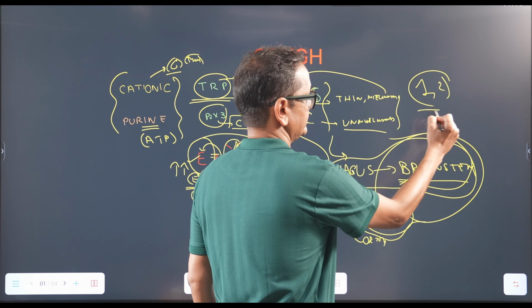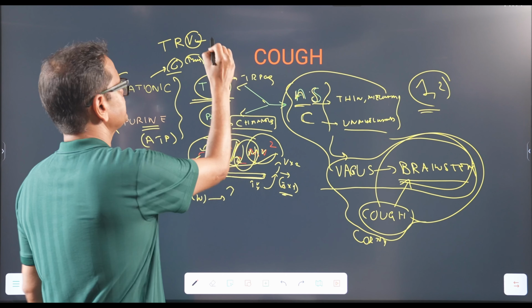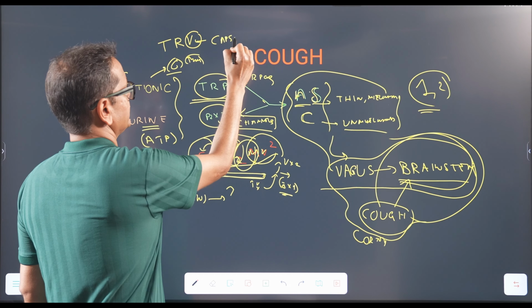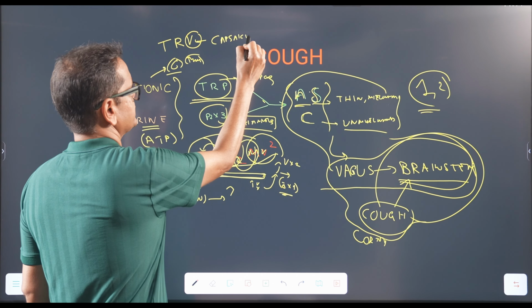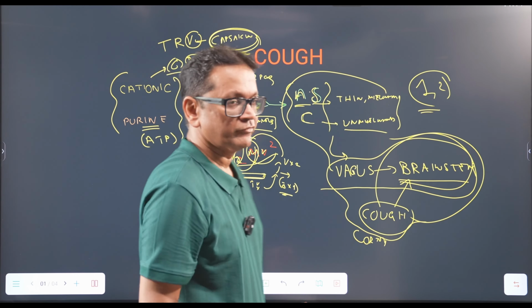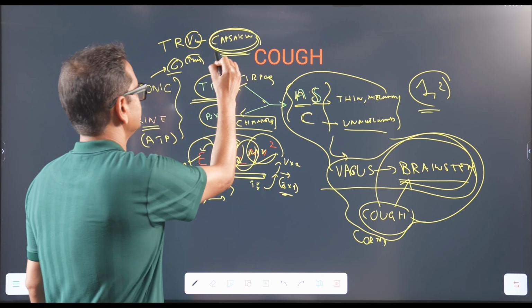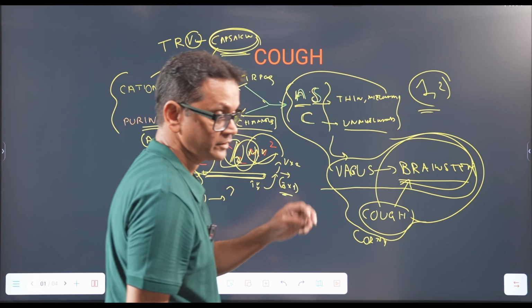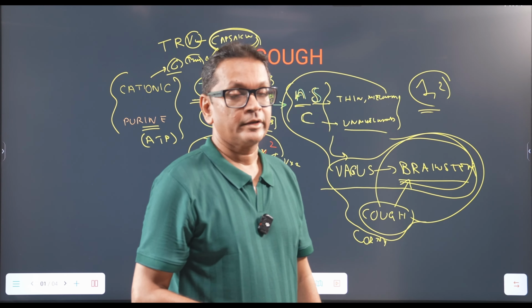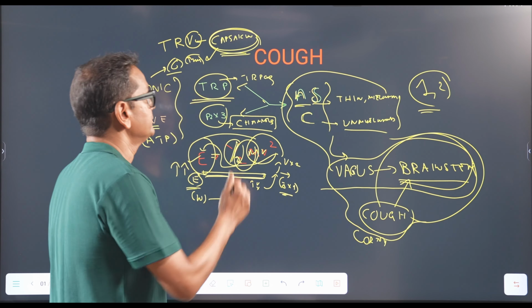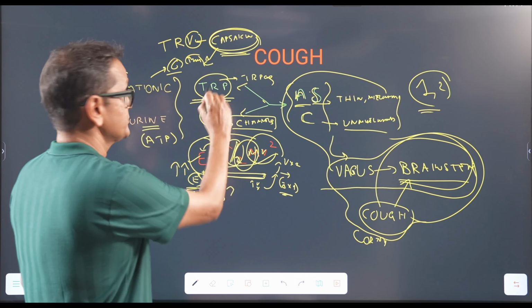Type 1 is classical, transient receptor vanilloid. What is this vanilloid? It is actually capsaicin related. Capsaicin is the active constituent of irritating substances from the chili family, which can irritate these nerve endings, not only in lungs but also at the level of skin, GI tract, and heart, and they respond to heat also.